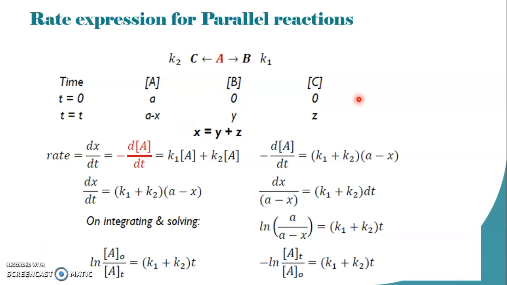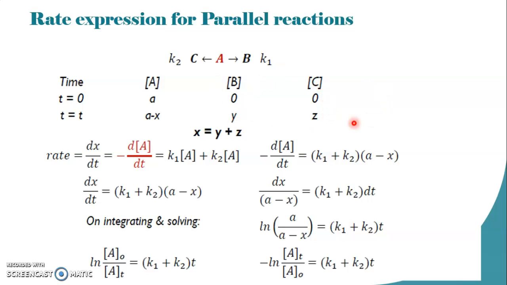Now the rate expression for parallel reactions. First of all, our consideration is A giving B and C, with two rate constants K1 and K2. Initially at time t equal to 0, the concentration of A is given as A, we assume only reactant is present, and the concentration of the products is 0.